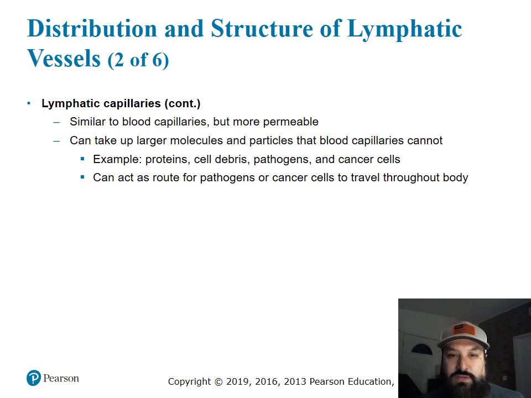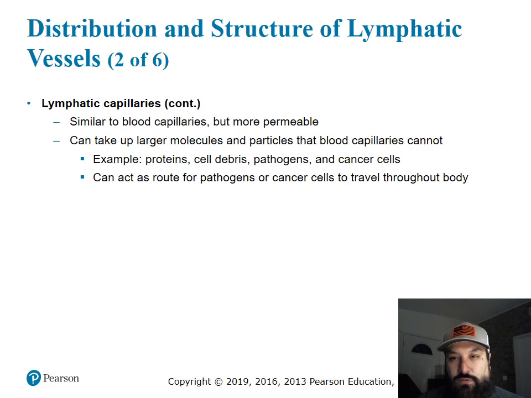So that's a big difference between blood capillaries and lymphatic capillaries. Because they're more permeable, they can actually take up larger molecules and particles, right? So bigger chemical molecules can be taken up by the lymphatic capillaries versus the blood capillaries, right?